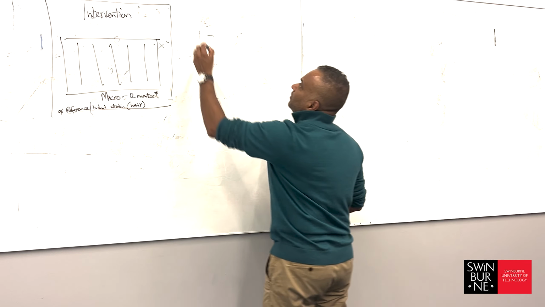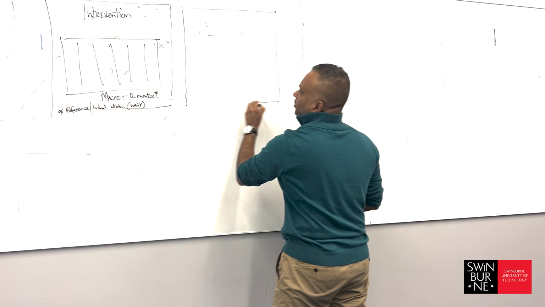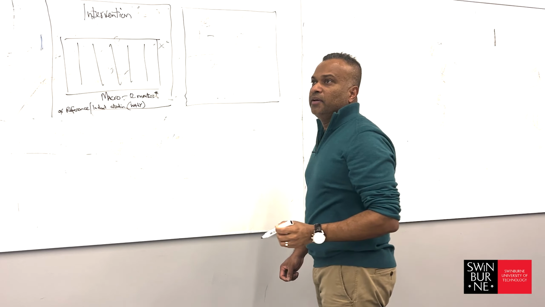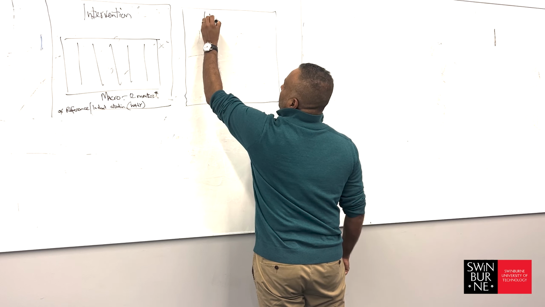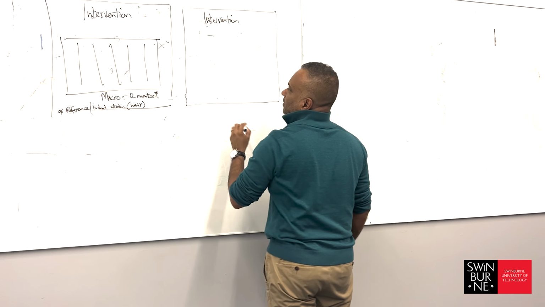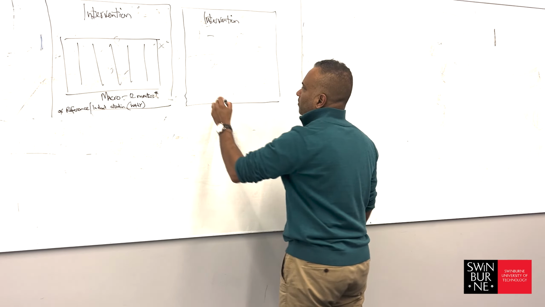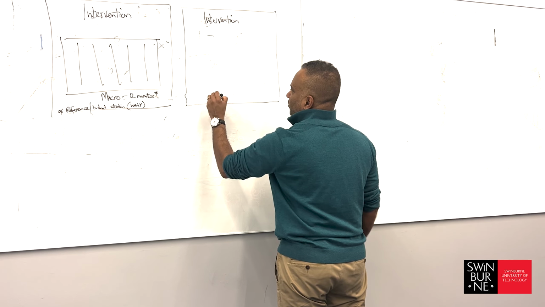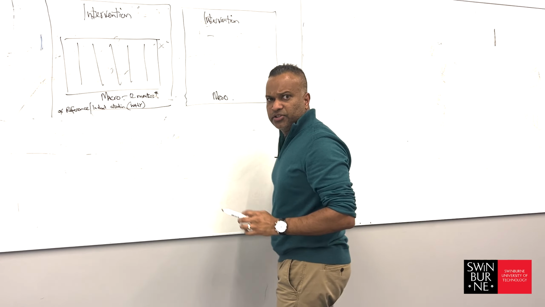After that, what do you show after that? Meso. What was it again? Once again, intervention. Did you have a meso? I can't remember. Yeah, I had a bunch of meso ones. How many meso stages?